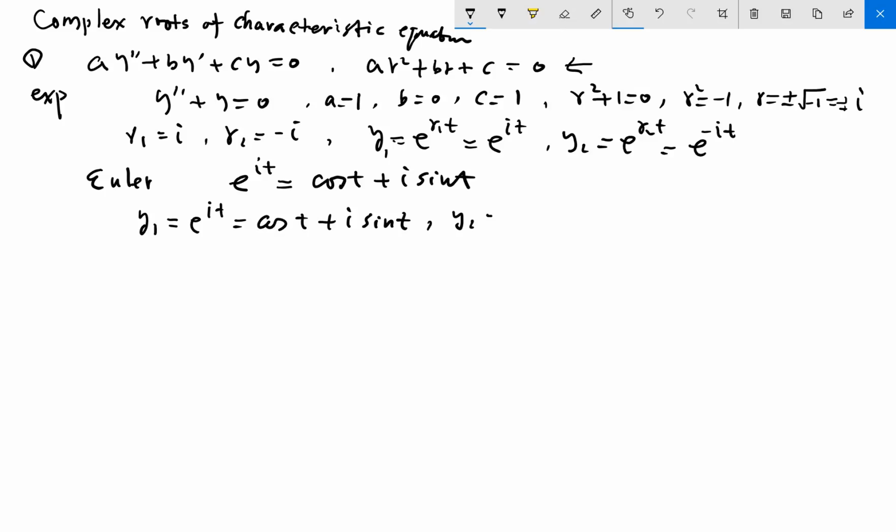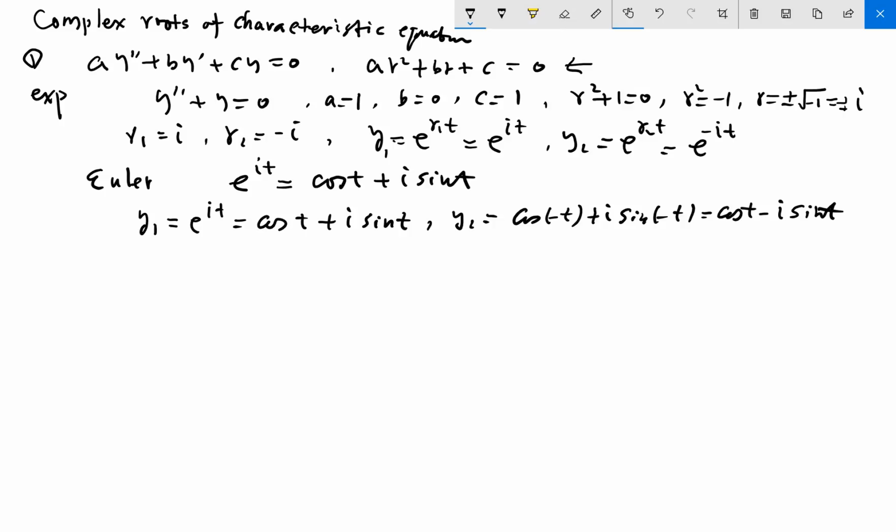And y2 is cosine of negative t plus i sine of negative t. Cosine of negative t gives you cosine t, and sine of negative t gives you negative sine t. So by using Euler's formula, we can write y1 and y2 like this.